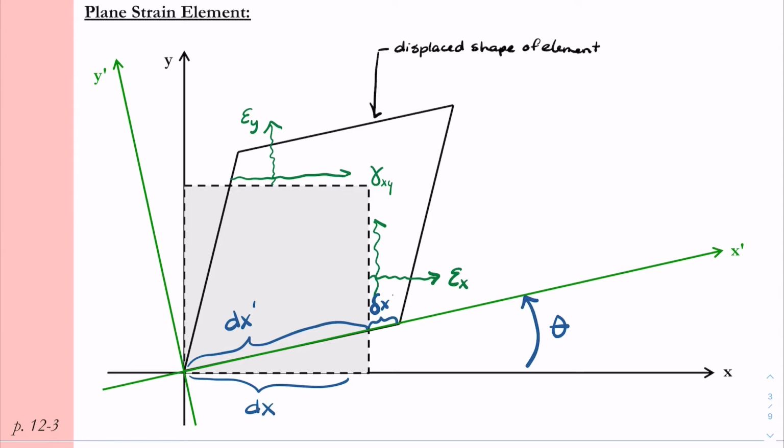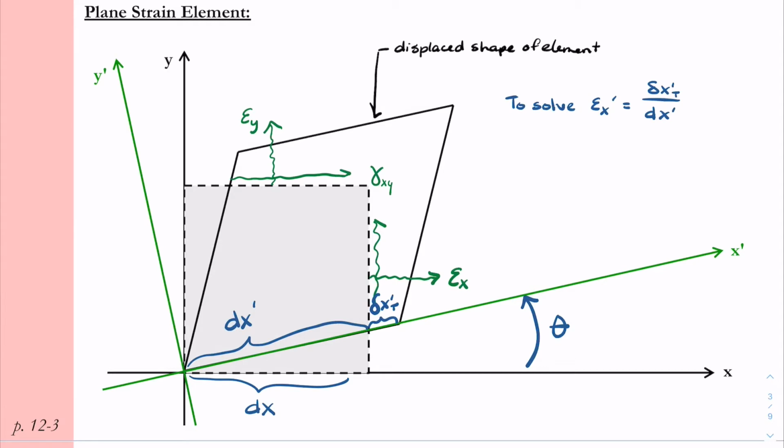Now, I need to solve for this delta x prime total, as I've labeled it here. This is the amount that my block has stretched in the x prime direction, the total distance due to epsilon x, epsilon y, and gamma xy.